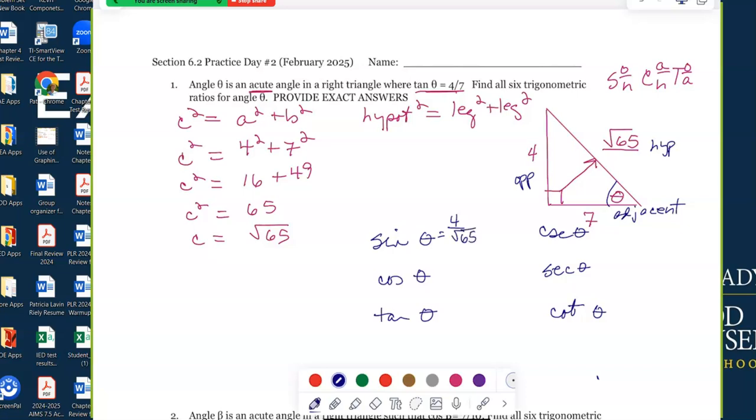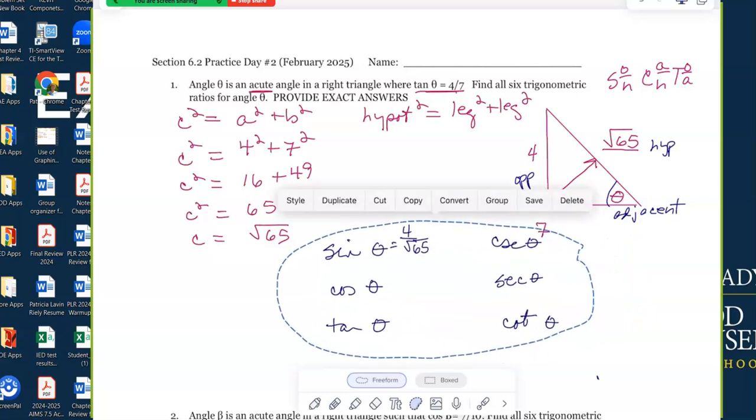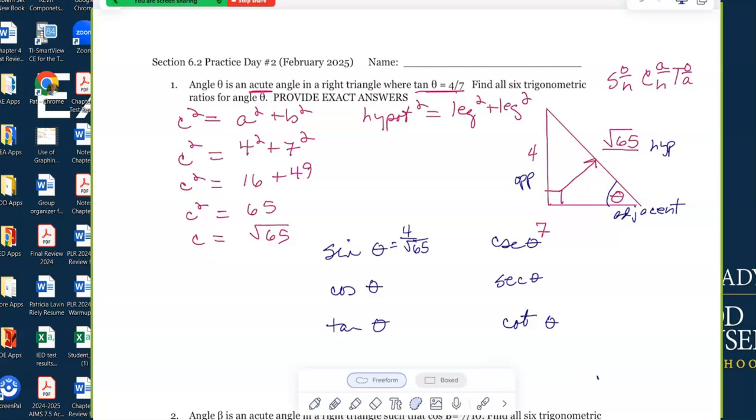Do not rationalize yet because, I'm just going to pull this down a little bit so that it's not so congested. And I'm going to take, let me just clean this up because we just lost my 7. And I'm going to put that back in over here. Okay, we're back to where we were. Okay, so don't rationalize yet because you know that cosecant is the reciprocal. So that's radical 65 over 4.